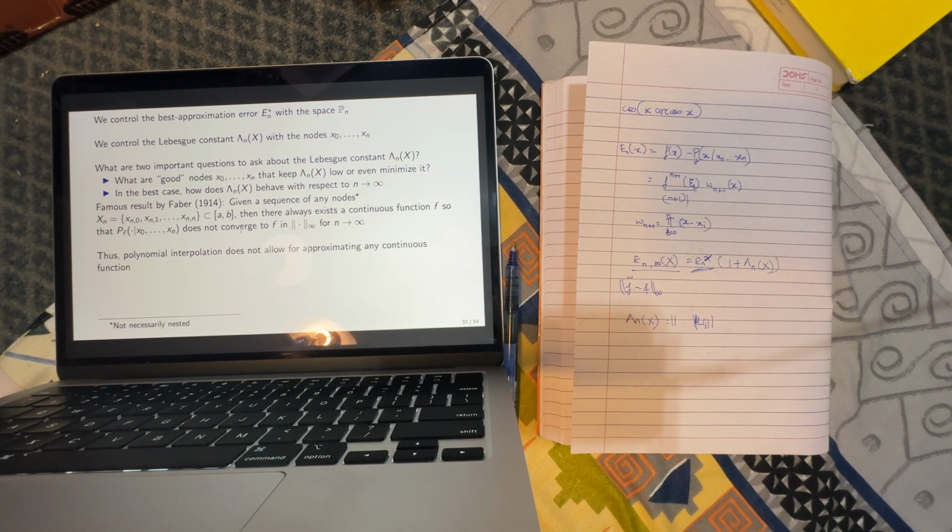They're saying that polynomial interpolation does not allow approximation of any continuous function. Yeah, that's true. For example, if there was a kink in a function, if it's not differentiable, then polynomials cannot interpolate it, right?